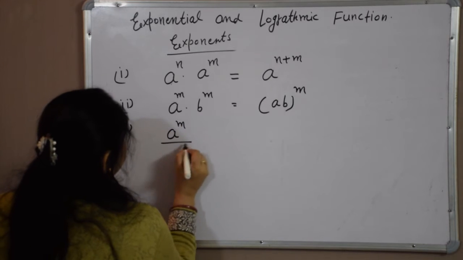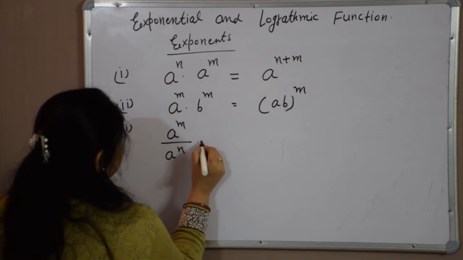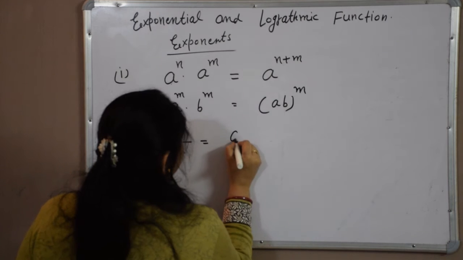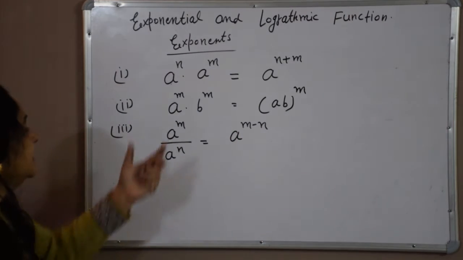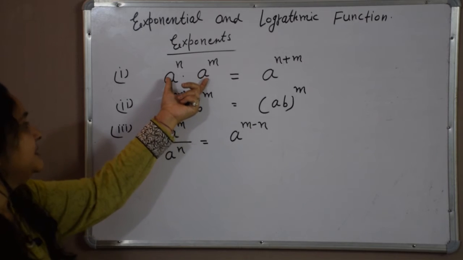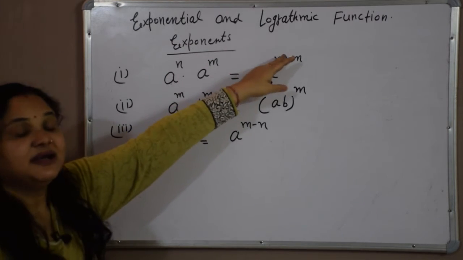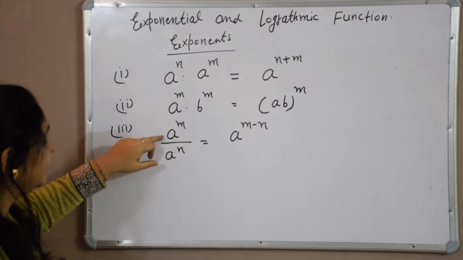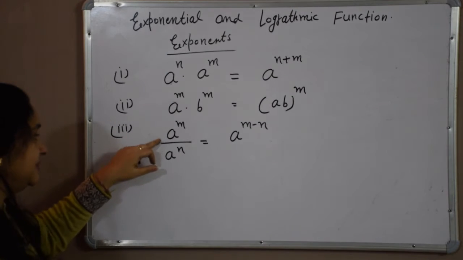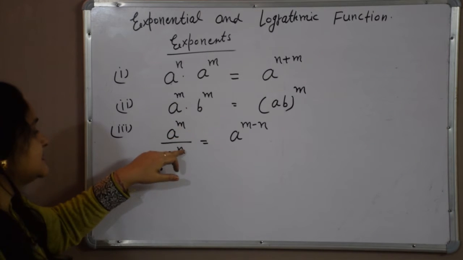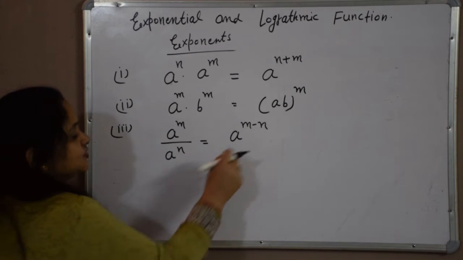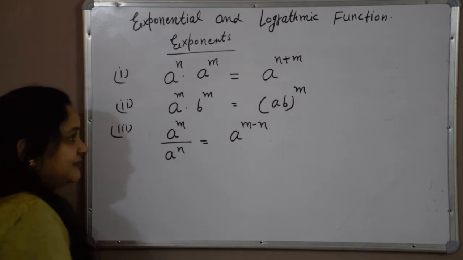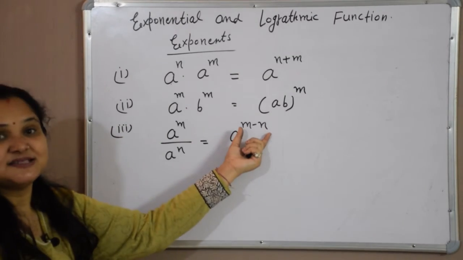a raised to power m divided by a raised to power n is equal to a raised to power m minus n. In multiplication, when our bases were the same, powers got added, but in division, here also see, the base is the same but the superscripts m and n, because we are dividing them, the powers get subtracted.